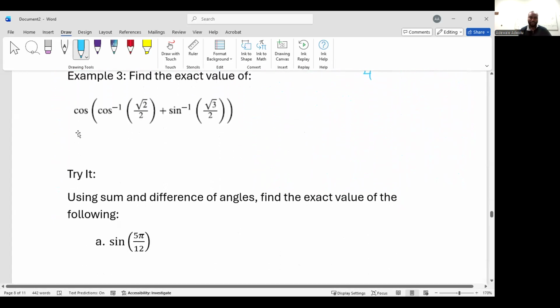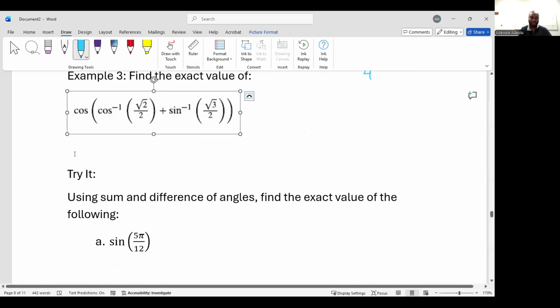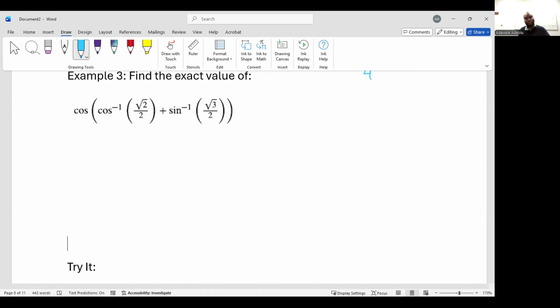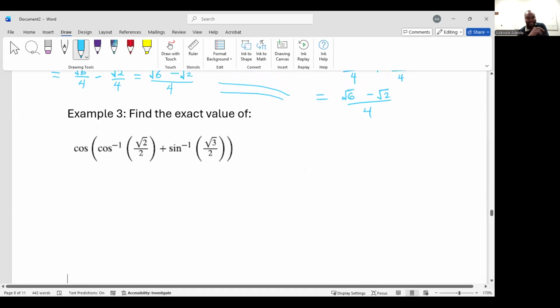All right. Let me solve one more example before I allow you to pause this video and think. We just worked on problems that have inverses, composition of functions.